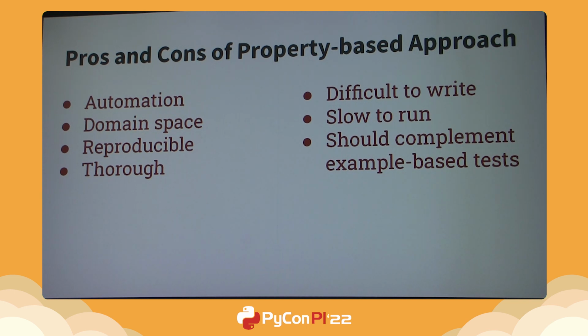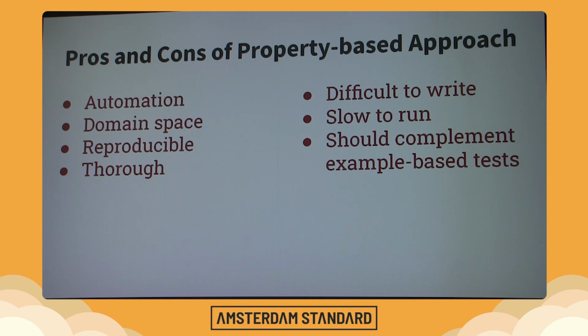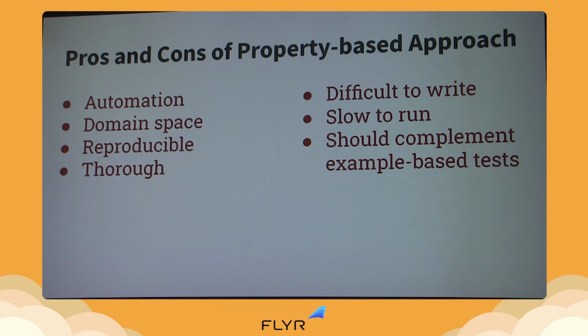By automating, we're not writing every single example, we're not coming up with examples, we're generating data, and we're just writing some properties, describing our software's behavior with properties to assert that our assumptions are correct. This automation is one of its advantages.